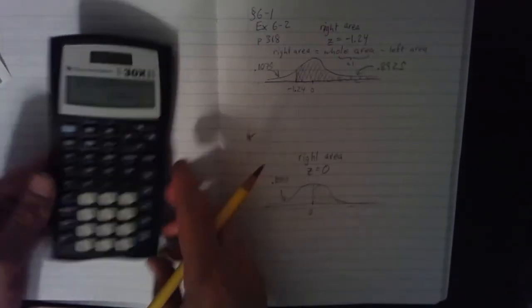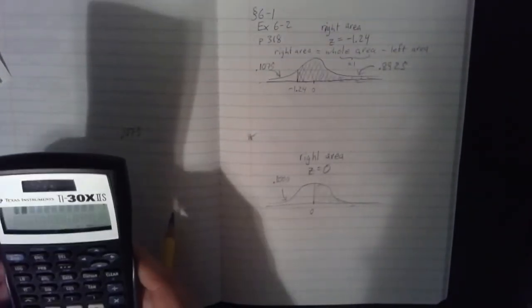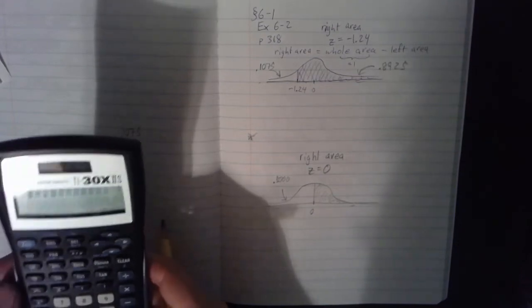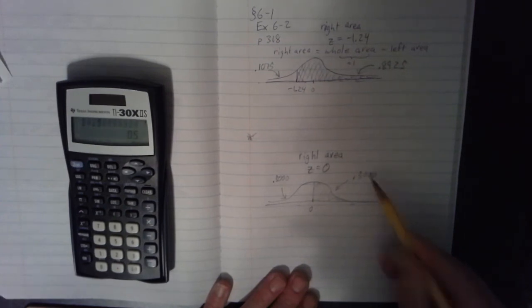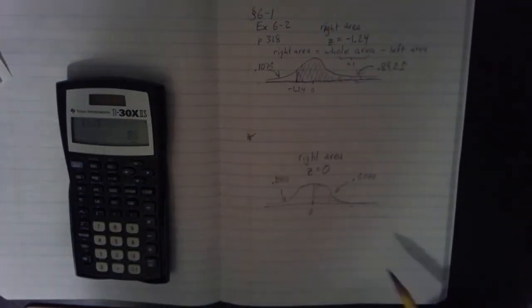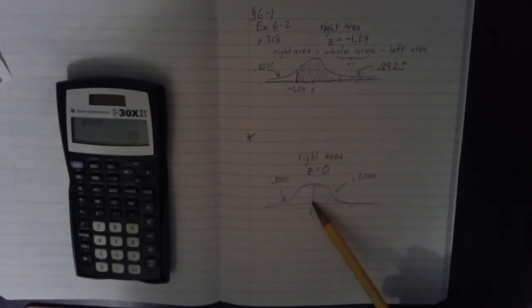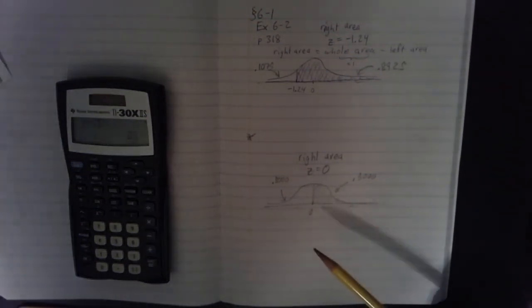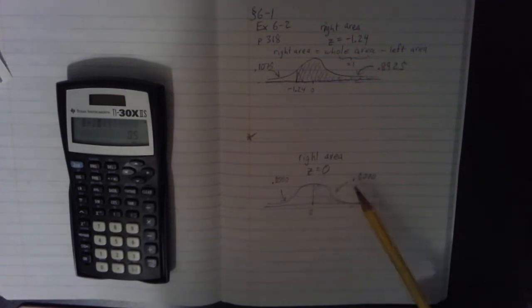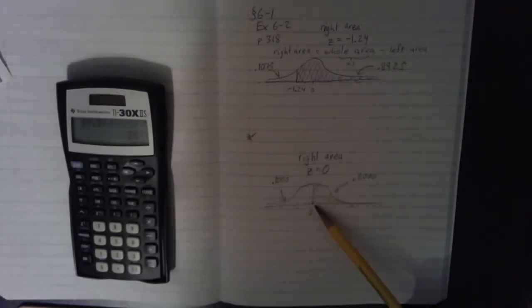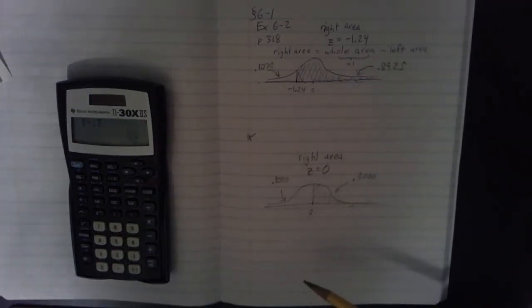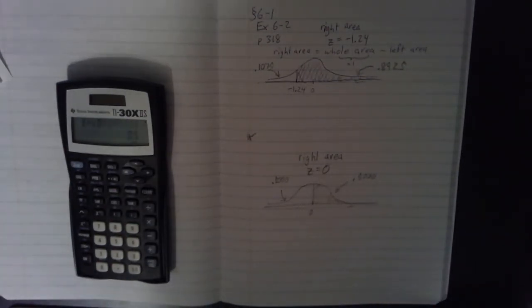And we're going to do subtraction: 1 minus whatever the left area is, and that will give us the right area. If our z-score is 0, the left area and the right area are exactly equal to one another. They're exactly equal to 50%. 50% is below the average, and 50% is above the average. That's because the average and the median are the same for the standard normal distribution.